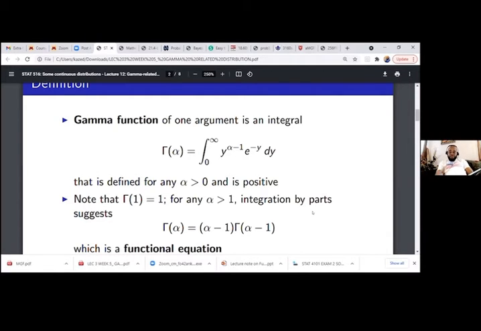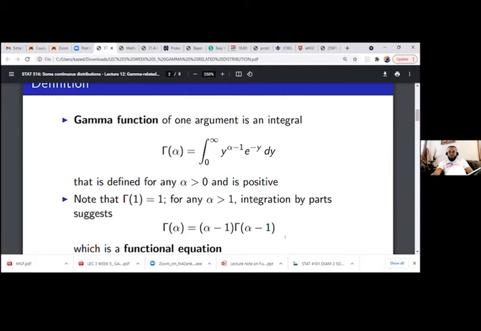So the gamma function can be used along the line in a situation where maybe you want to obtain certain characteristics of the distribution.